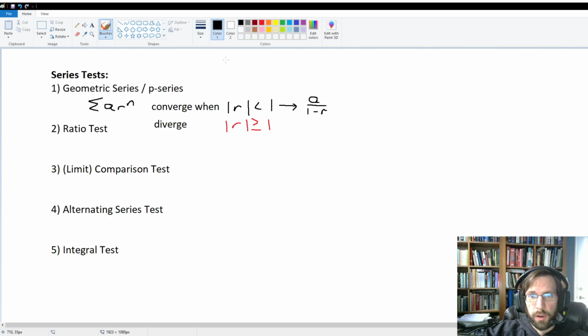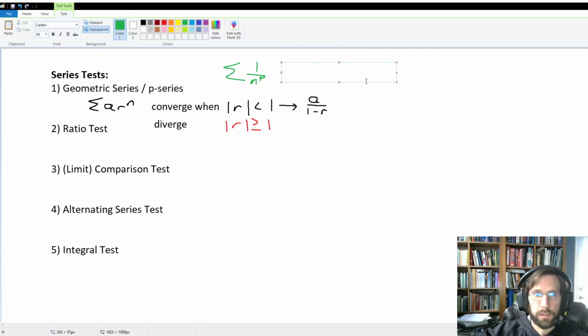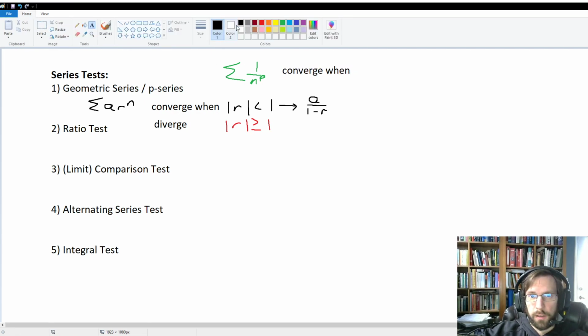You should also be aware of p-series. So a p-series, we'll put in green. P-series is one where you have the sum over 1 over n to the p. Okay, and these converge when p is strictly bigger than 1.